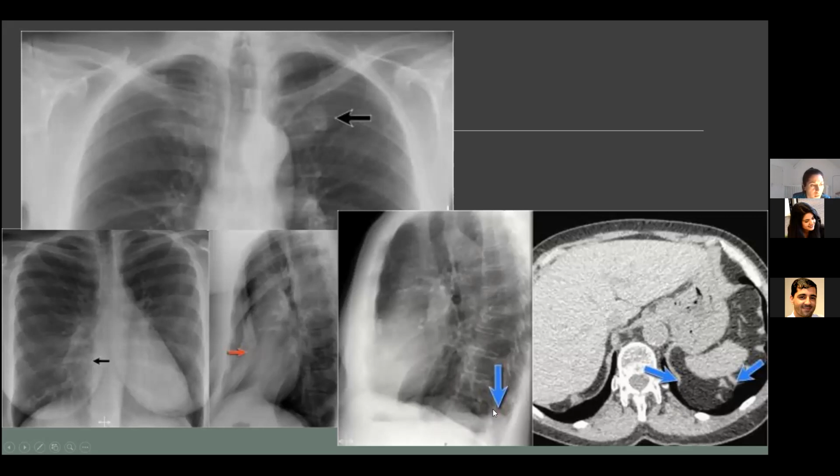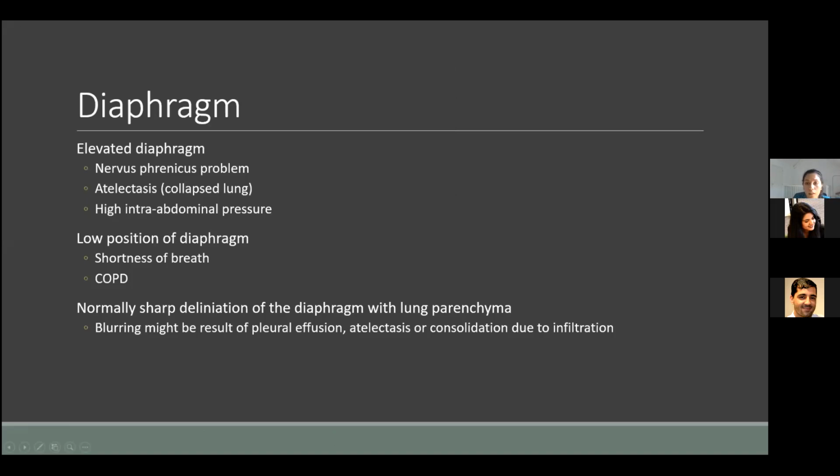This might look like a tumor or pleural effusion, but if you see this on every picture and it looks the same on every chest X-ray, then it's probably a normal finding and might be a diaphragm herniation. So always look for abnormalities of the diaphragm.